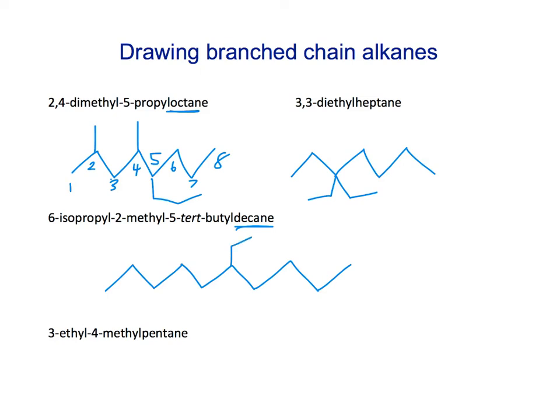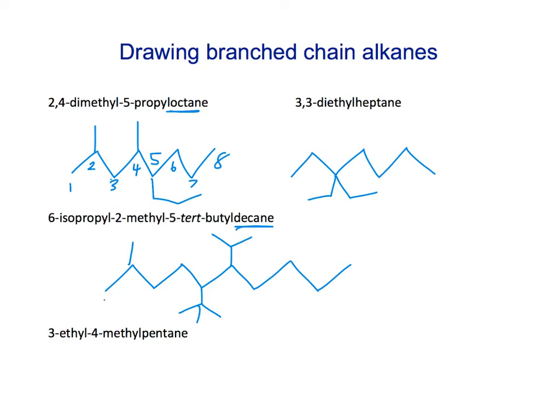Remember, isopropyl is a propyl group where it's attached to the center carbon. 2-methyl. 5, 1, 2, 3, 4, 5. Tert-butyl is a butyl group where we have all of them attached to a center carbon. So we have 3 methyl groups. Decane. All right, so is this name correct?